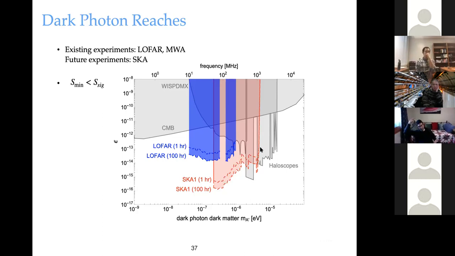It seems like we don't need to build a new experiment; the existing LOFAR and the future SKA, which they build for different purposes, can just sweep this region, like 2 orders to 3 orders, 2 orders to 4 orders of magnitude, compared to the current constraints. This is just to emphasize, this is just the plot for Epsilon. Actually, the rate is proportional to Epsilon square, so the limit is very strong.